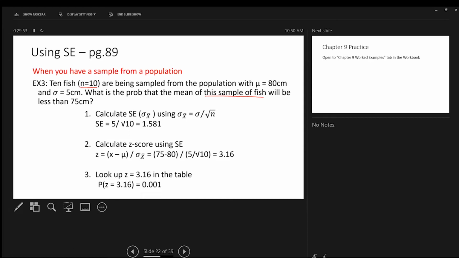We would expect with a small sample like this of 10, that our sample mean would be closer to the population mean. We're less likely to get extreme values to pull the sample mean down.